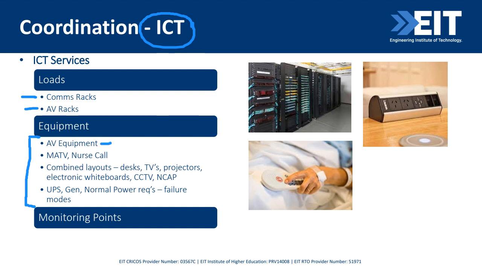We've mentioned AV, but you could have nurse call. If we're documenting it, we could have combined layouts, so we might show power at desks as well as data points. Things that are typically specified in the ICT world could be what projector you're using, electronic whiteboards, CCTV locations, and backup power.